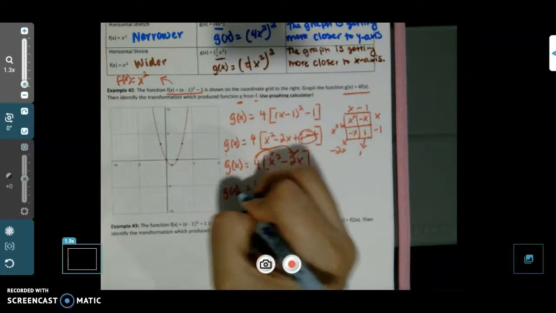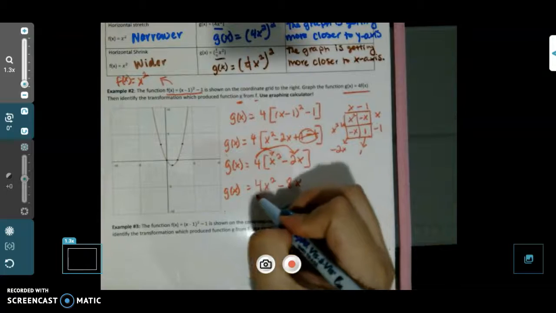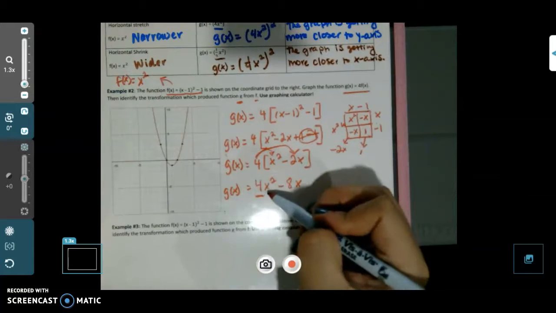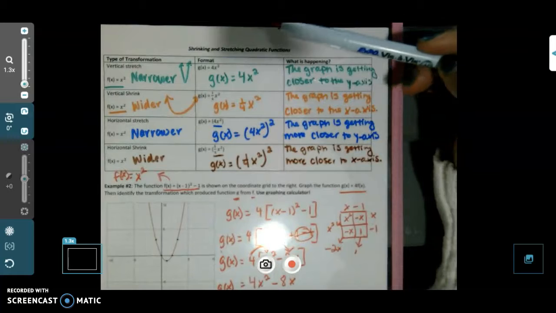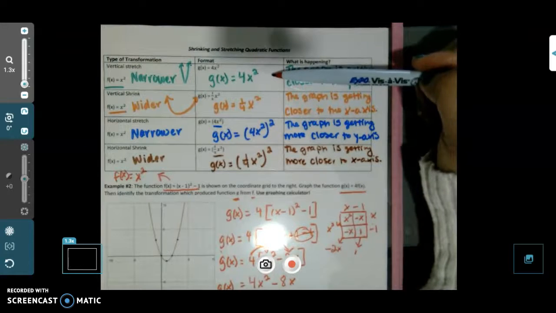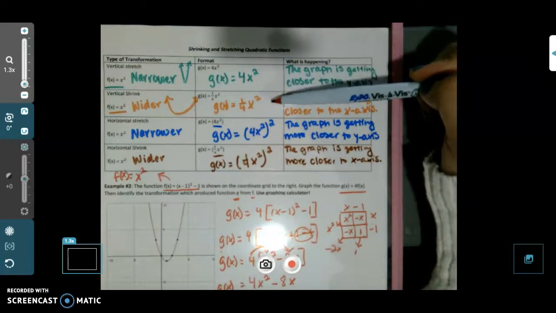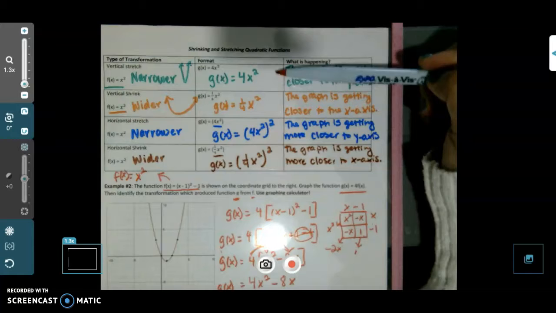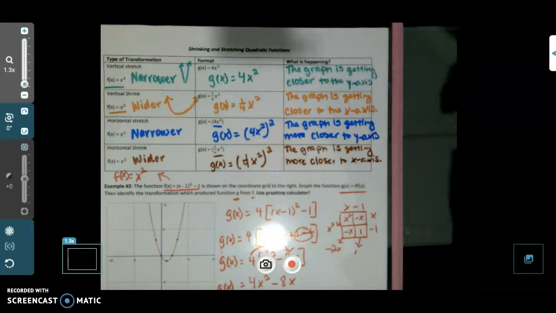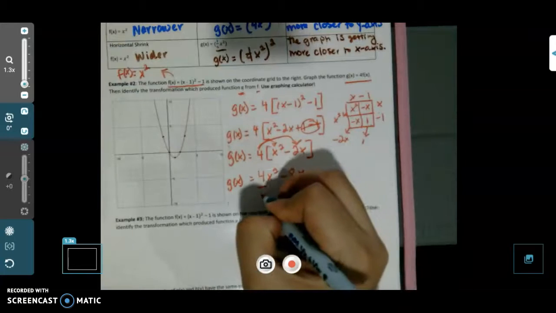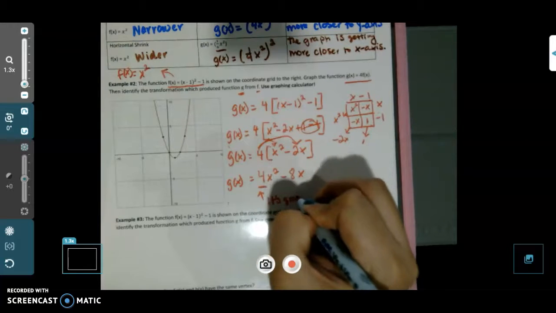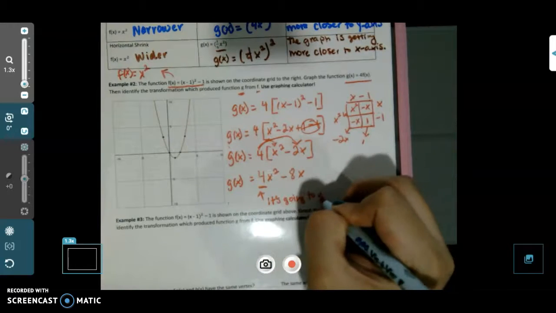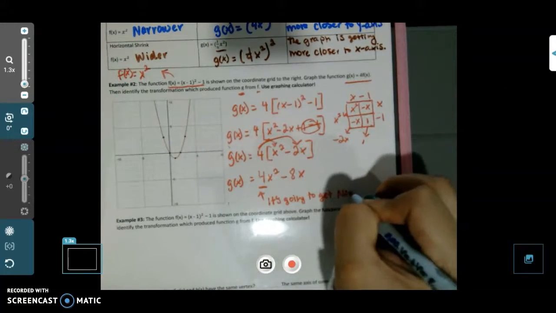So g of x. So I want you to think about this. Right here, because you see that 4 next to that x squared, what do you think it's going to get now? Is it going to get a vertical stretch or a vertical shrink? It should be getting more narrow. So we're going to go ahead and write it's going to get narrow. Okay?